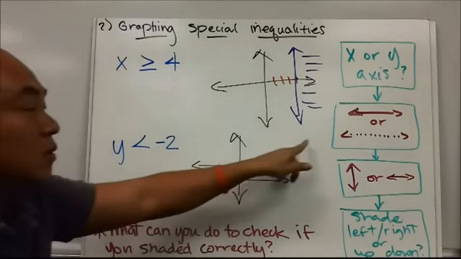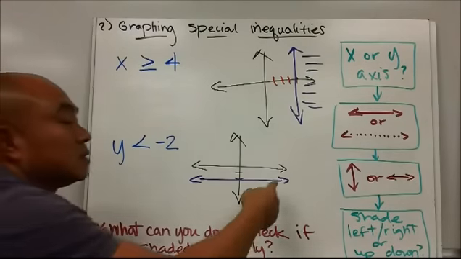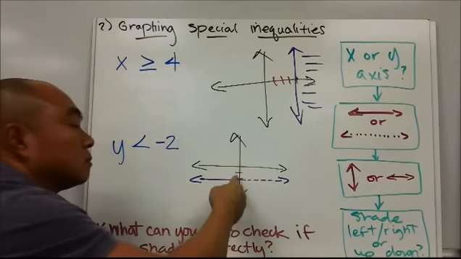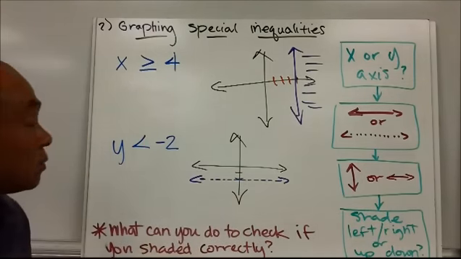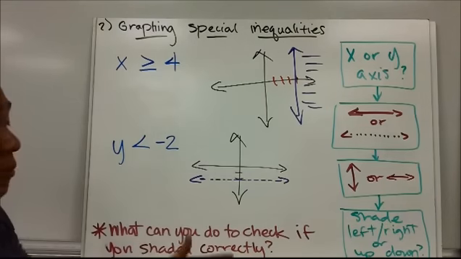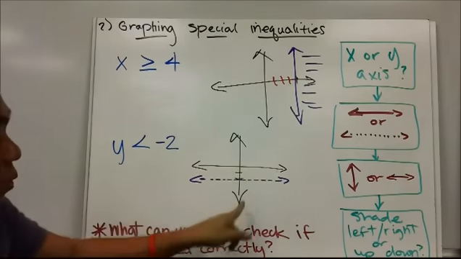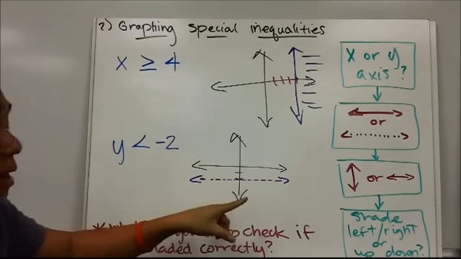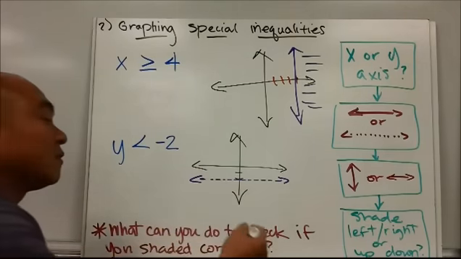Oops, and I jumped the gun here with the dotted line, because there is no solid line. And then our final step here is we're going to go ahead and shade left to right or up and down. In this case, because y is less than -2, you're on the y-axis. All the numbers that are less than -2 are -3, -4, and so on. So you are shading everything down here again.